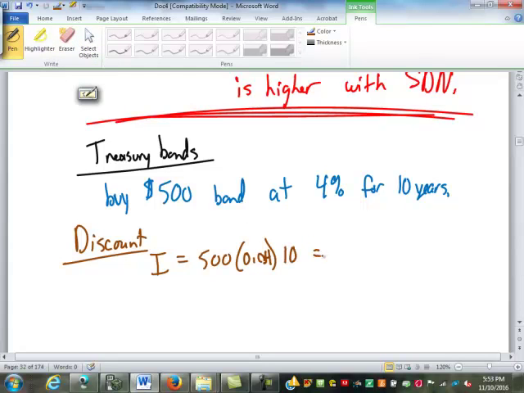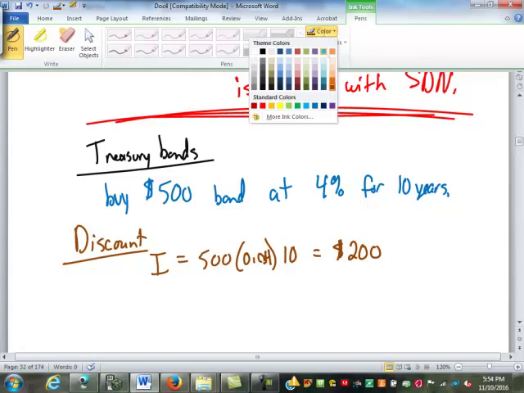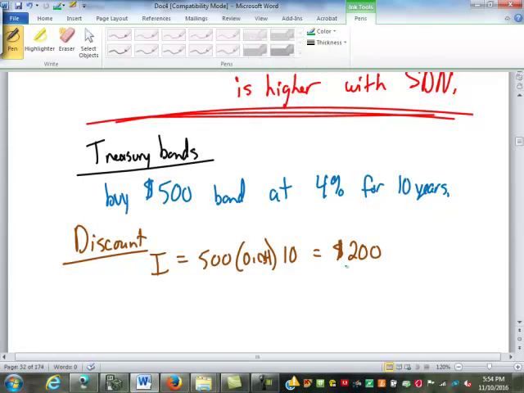Times 10. Which comes out to be what? Is that 200? $200. So that is your discount.